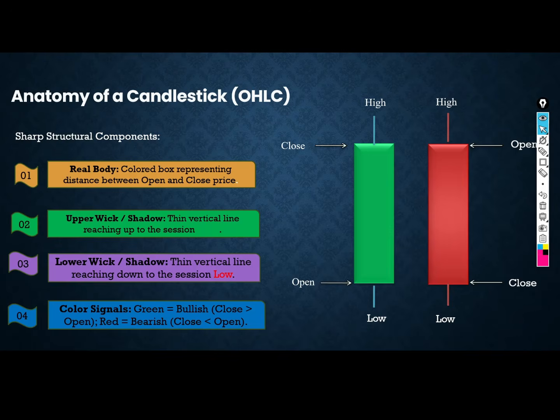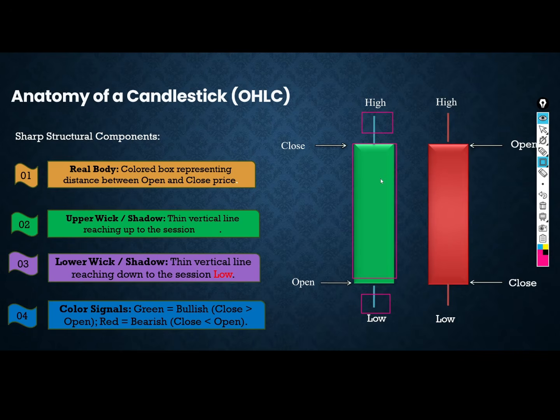Now, the anatomy of a candlestick. Body. It has a body. The distance between open and close price is the body. Wicks. You can see two lines, upper and lower. The thin lines above and below are wicks.